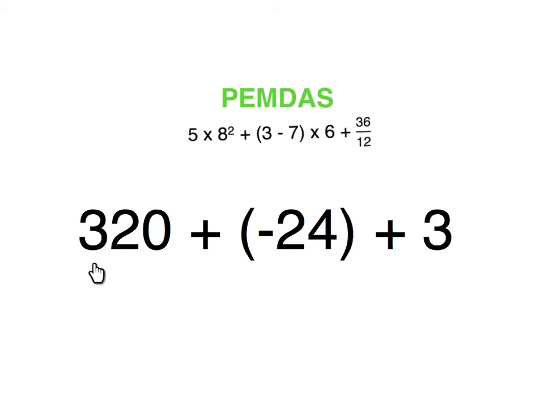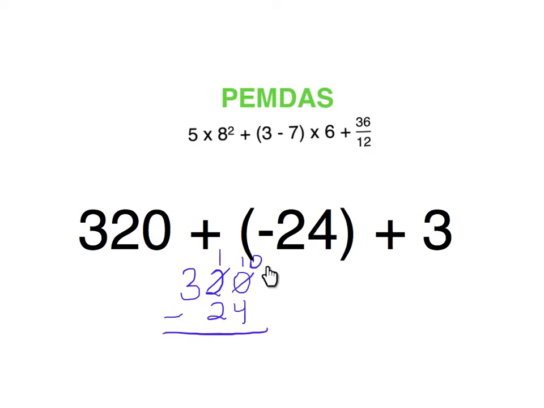Starting at the left, the first problem we come to is 320 plus negative 24. Remember, when you're adding integers that have opposite signs, you're really going to subtract. You can't take 4 away from 0, so we're going to need to borrow 10 from the 2.